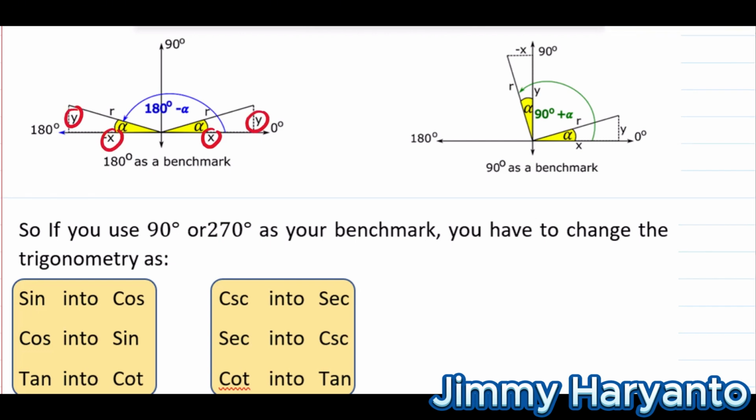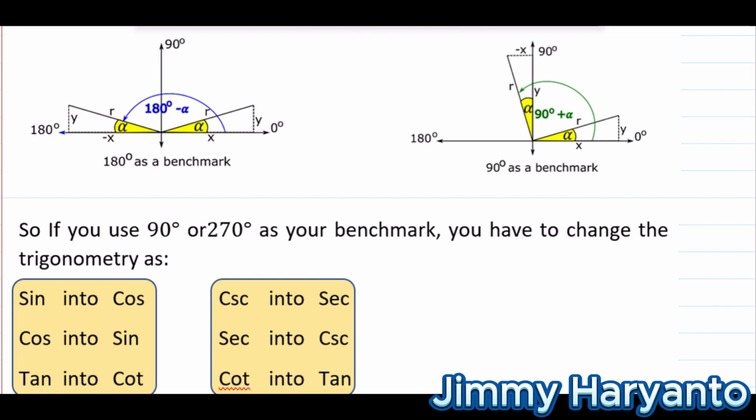It's the same. The difference will be only the sign. For the x it will be negative, for the y it's still positive. I mean that the opposite side is still y, and this one also the opposite side is still y. But let's compare it with 90 degrees as the benchmark.